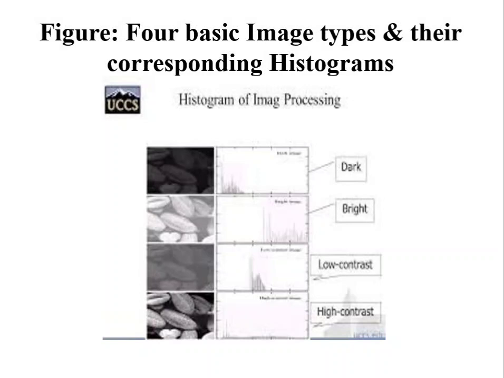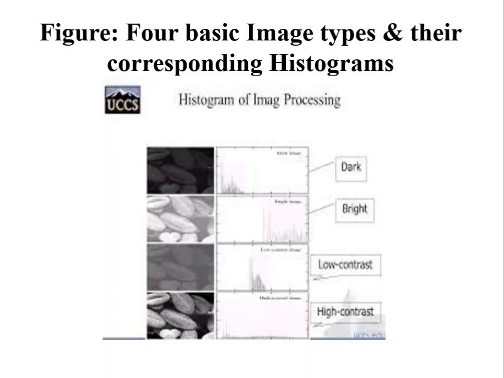The vertical axis corresponds to the values of h(r_k) is equal to n_k, or p(r_k) is equal to n_k upon M into N, if the values are normalized. Thus, the histogram may be viewed graphically simply as a plot of h(r_k) is equal to n_k versus r_k, or p(r_k) is equal to n_k upon M into N versus r_k.